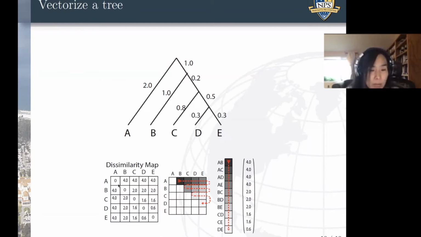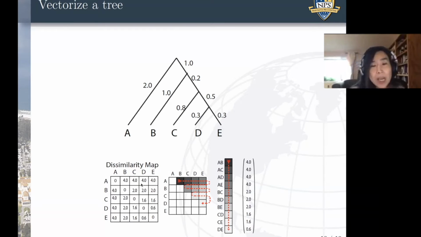And so on. You notice that the diagonals have to be 0, and there's symmetry, so I take just the upper triangle part of this matrix and lexicographically order the entries. This is how we vectorize a tree.